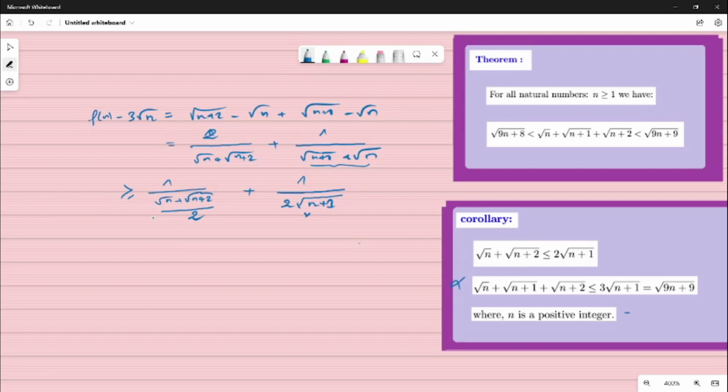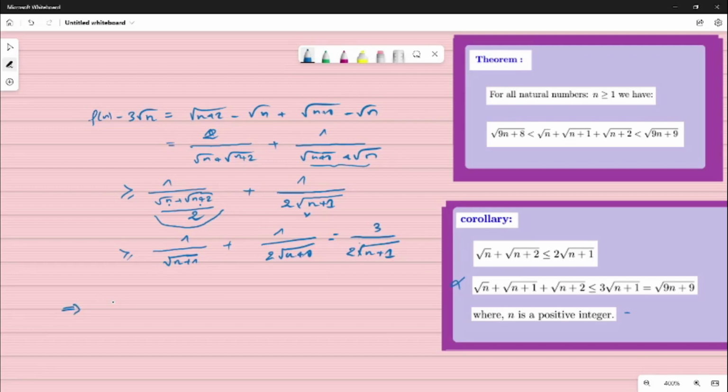And look here, we have the mean of the square roots, then it is greater than, pardon, it is greater than the square root of the mean of these two integers, which is n plus 1, and this equals 2 divided by 2 square root of n plus 1.